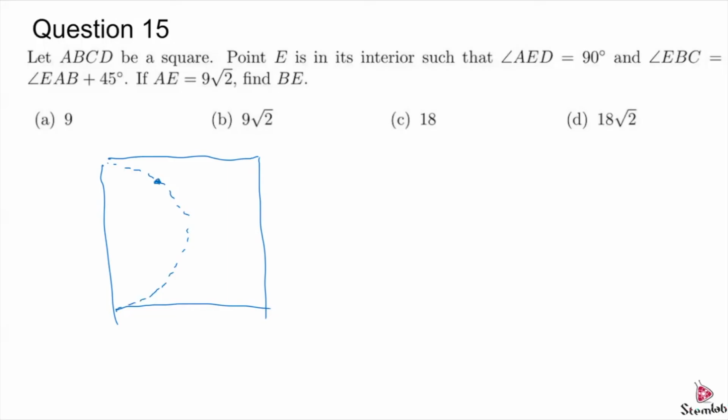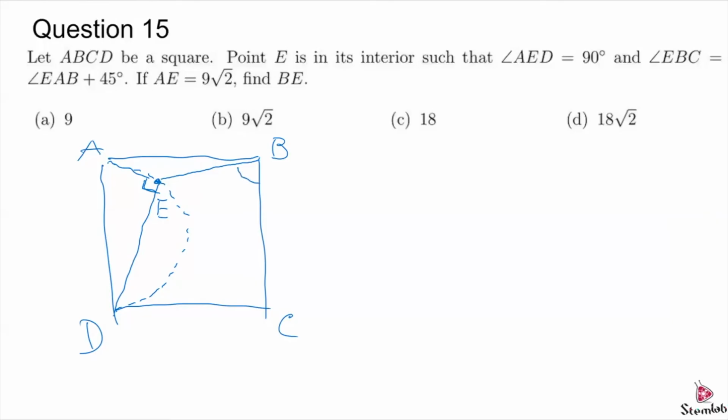So because we know that the angle AED is 90, it should be somewhere on that semicircle. So this is 90 degrees. Okay, this is point E. EBC is bigger than EAB. So we've sort of drawn it roughly accurately. So EBC is this angle, right?